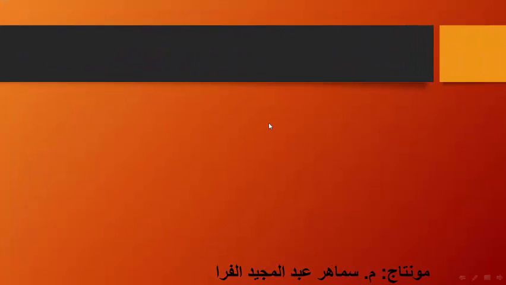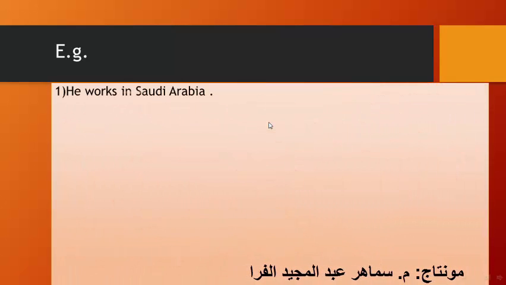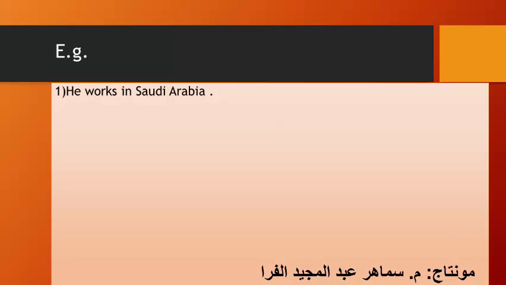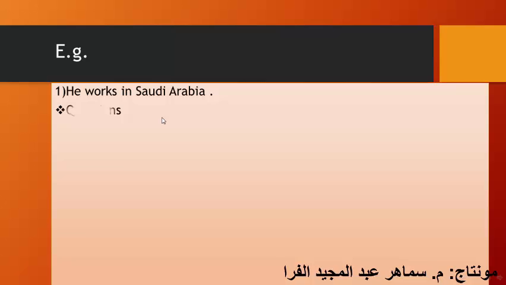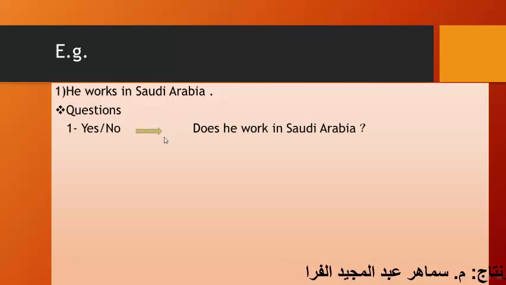Let's have examples here. The sentence here, he works in Saudi Arabia. How can we make questions? Questions, as you know, are two kinds, yes/no questions or WH questions.